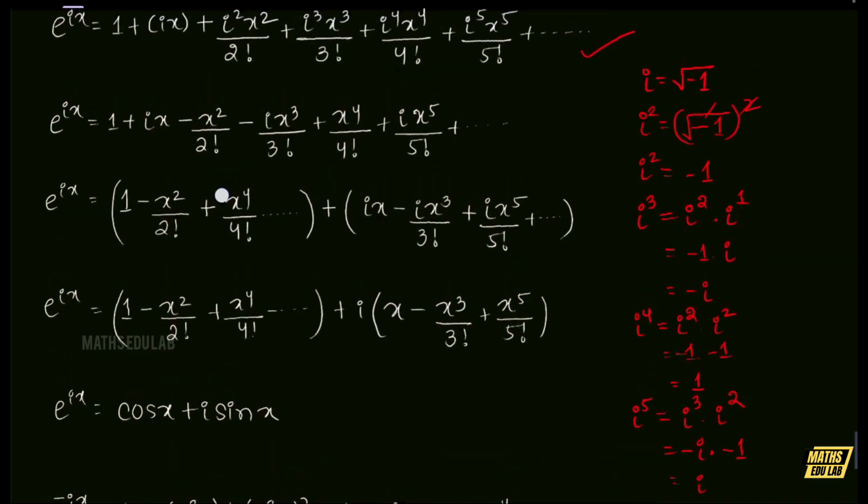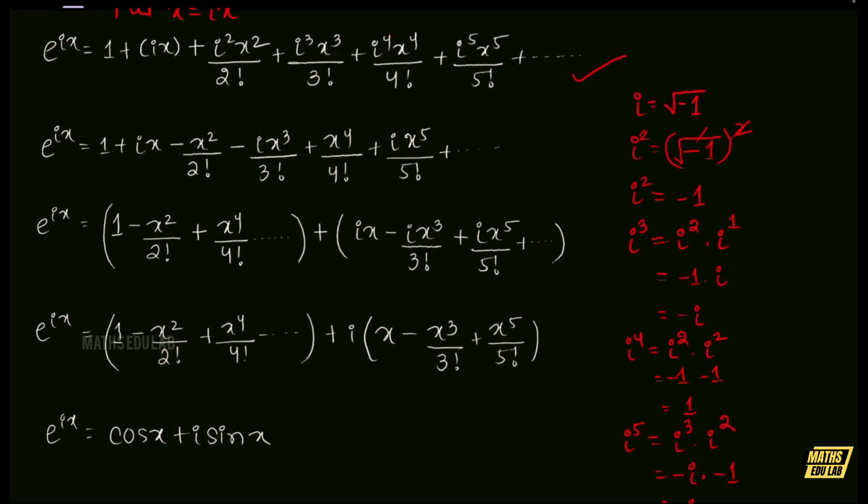Here I substituted the value of i square as minus 1. So minus 1 into x square is nothing but minus x square upon 2 factorial. Then the iota cube value is minus i, so I have written minus i into x cube upon 3 factorial.